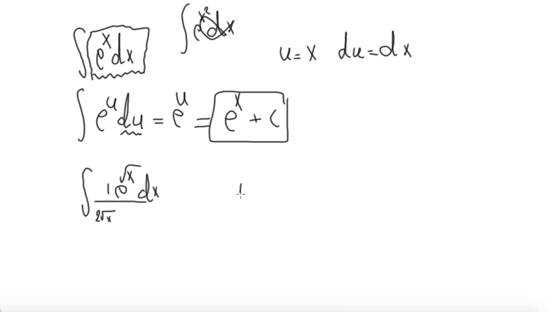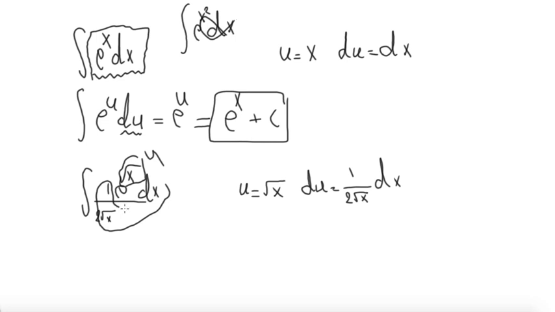I say that my u is the square root of x. My du would be 1 over 2 square root of x dx. So this is my u, and all of this is my du.